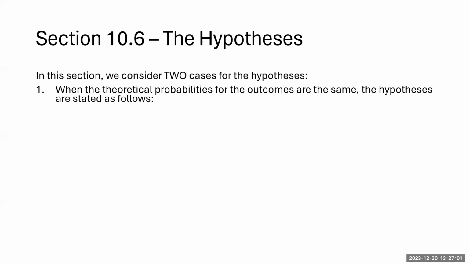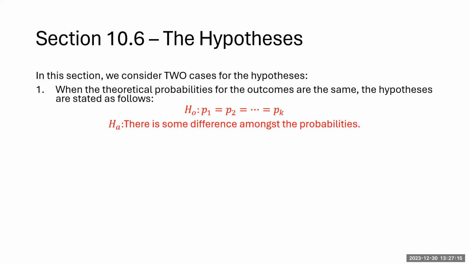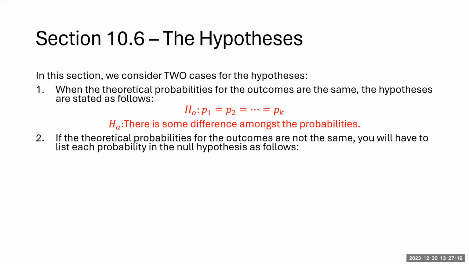Now we have 2 cases that we look at for the hypotheses. The first case is when the theoretical probabilities for the outcomes are all the same. For the null, we say that P1 is equal to P2 is equal to, well, however many we have. And the alternative is that there is some difference among those probabilities. The second case is if the theoretical probabilities for the outcomes are not the same, we have to list them separately.